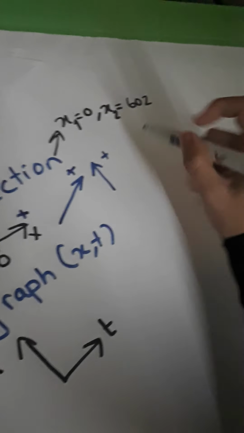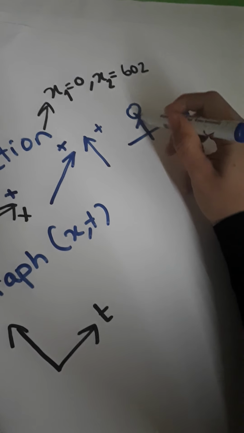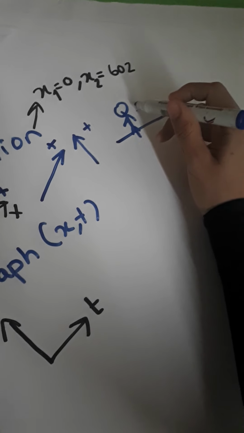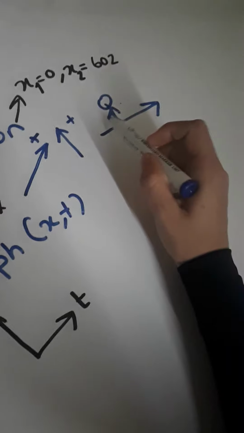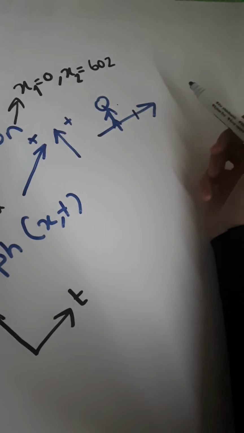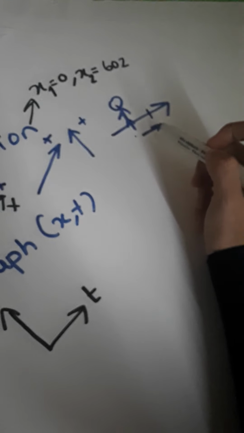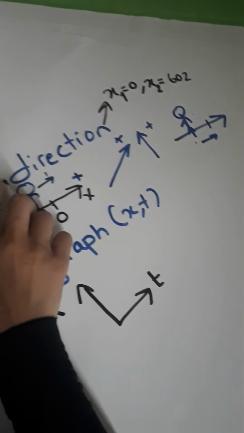Imagine it, draw it. This is the x-axis, the man was here. And then at t equal to 1 minute, after 60 seconds, the man was at 602. Where is this position, the abscissa? Is it before the 0 or after the 0? Of course, it's in the positive direction. So the man is moving in this direction, right? Okay, in the positive direction. This is concerning the direction.